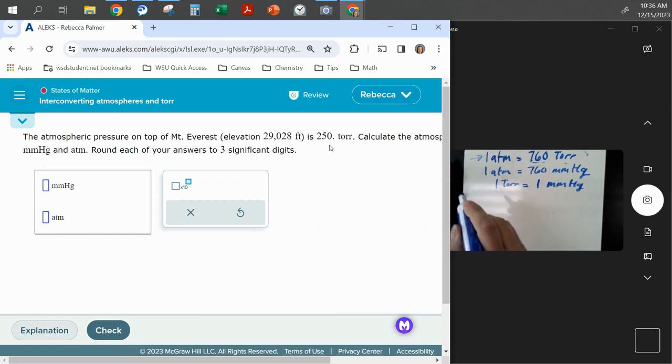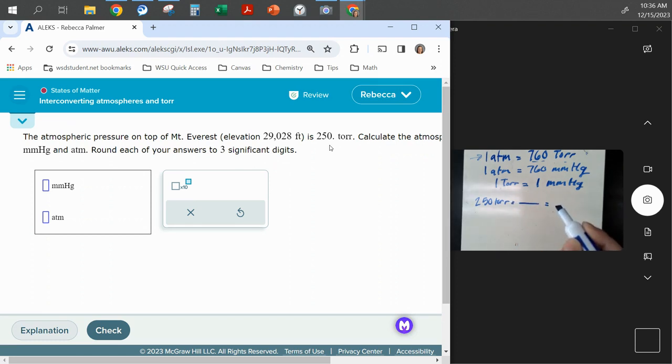So always start with the given value, 250 torr. And we need to calculate this in millimeters of mercury and atmospheres. So what would it be in millimeters of mercury? That one's 1 to 1, so it's going to be the same, 250.